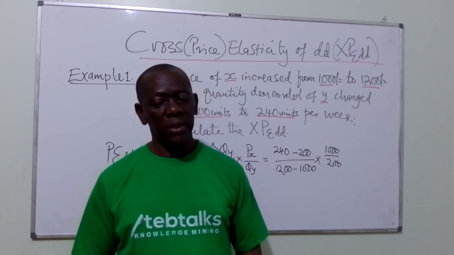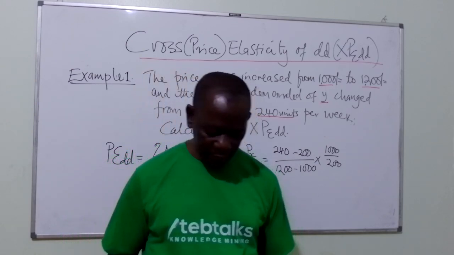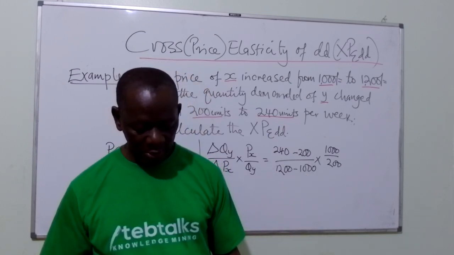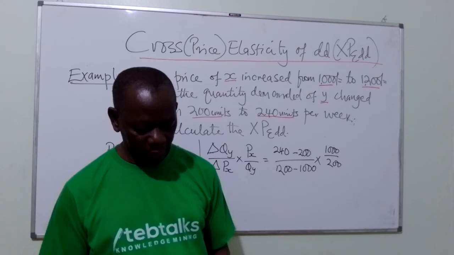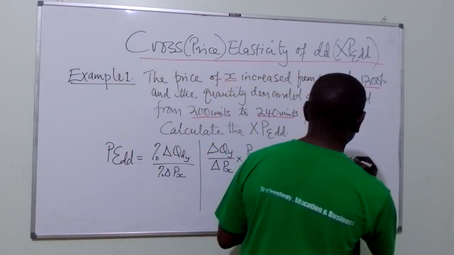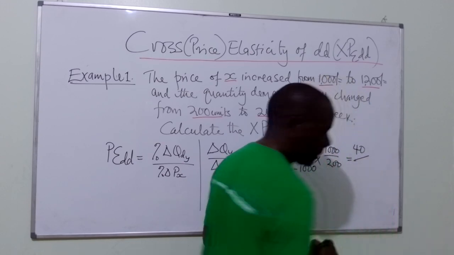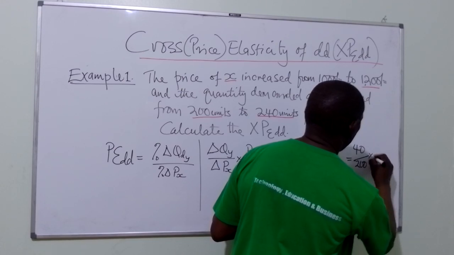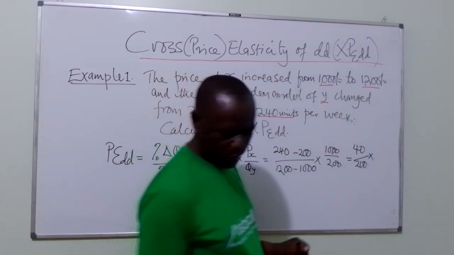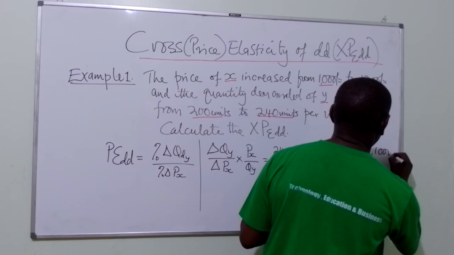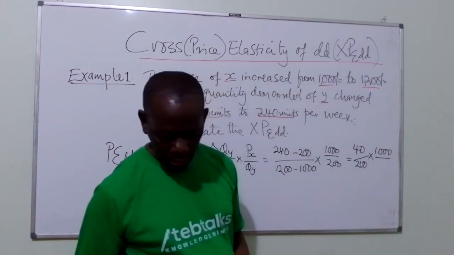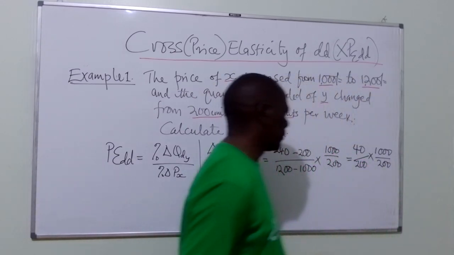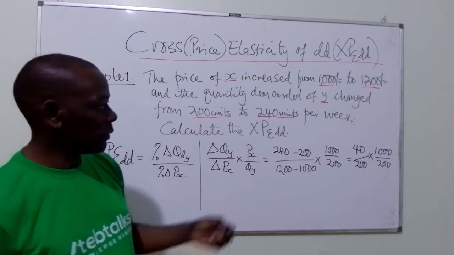So we move to that level, and this is multiplication. Let us see how we solve this one. It becomes 40 over 200 times 1,000 over 200. That's what you are going to get.